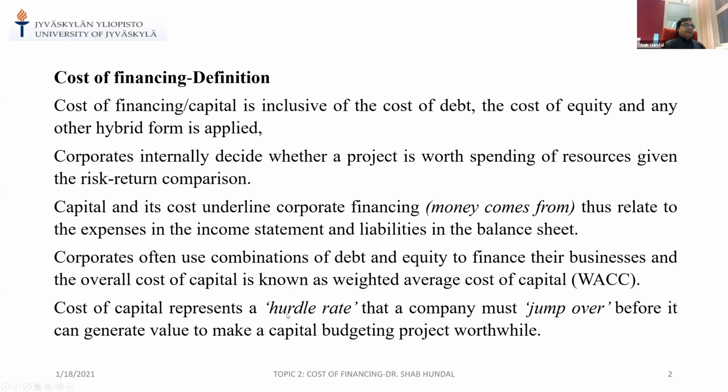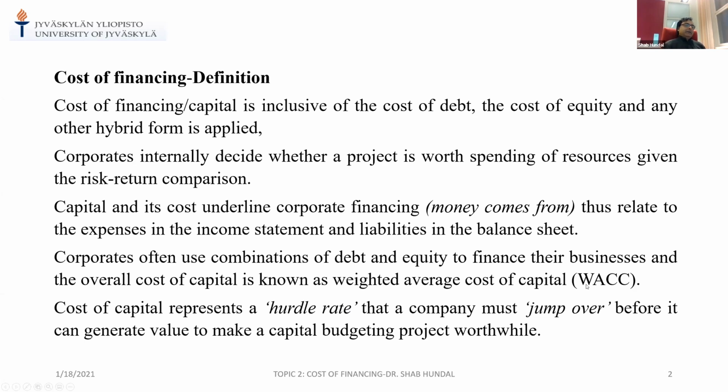And as long as a firm's expected return on a project is over and above this hurdle rate, which I mentioned, some people say that they take the short-term treasury bill. Well, the bill is always short-term, but some people say that it should be the 10-year bond rate, which can serve as a hurdle rate.